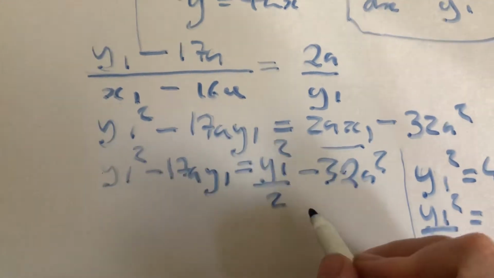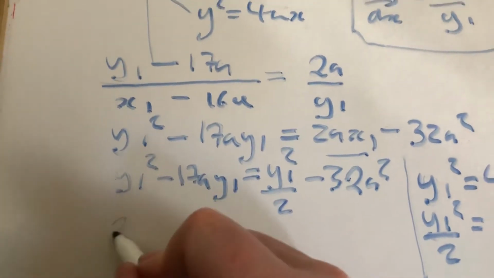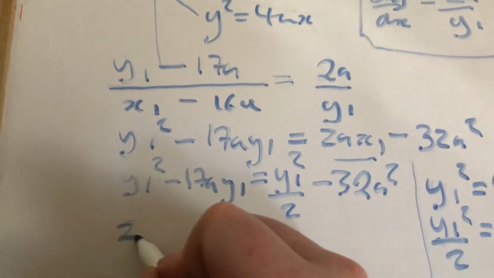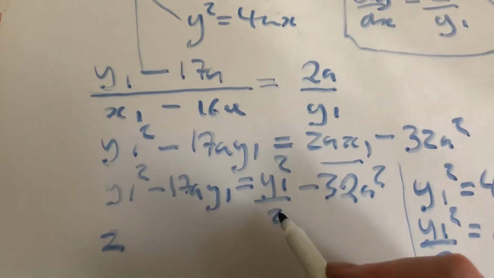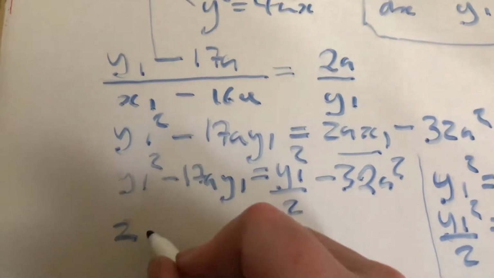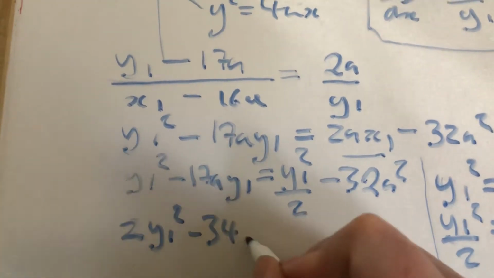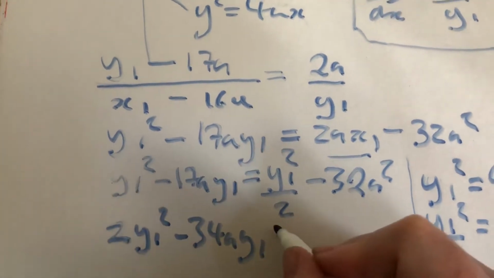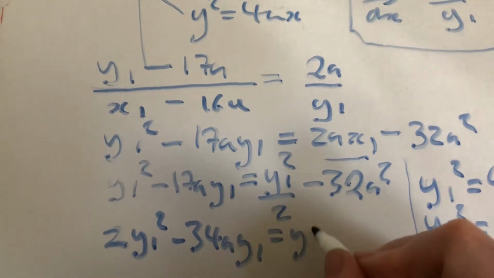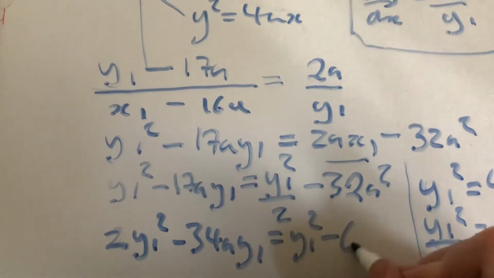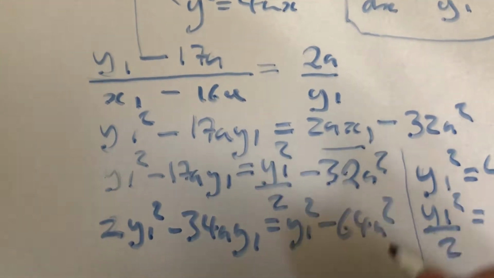We're going to multiply by the 2 on that side to get rid of the fraction of 2 on the right hand side. So that gives us 2y1 squared minus 34ay1 is equal to y1 squared minus 64a squared.